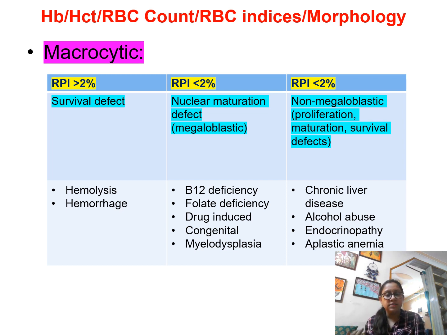Then RPI if it is less than 2, then certain megaloblastic causes with nuclear maturation defect. उसमें different causes of anemia can be B12 deficiency, folate deficiency, drug induced, congenital disorders, myelodysplasia. When RPI is less than 2 and it is non-megaloblastic, we can have proliferation, maturation, survival defects. Here we notice it in these diseases: chronic liver disease, alcohol abuse, endocrinopathy, aplastic anemia.